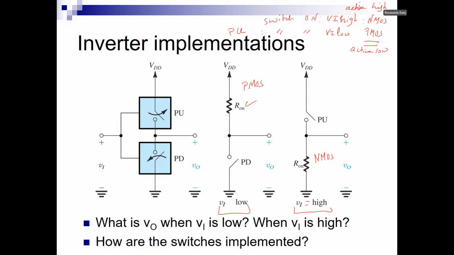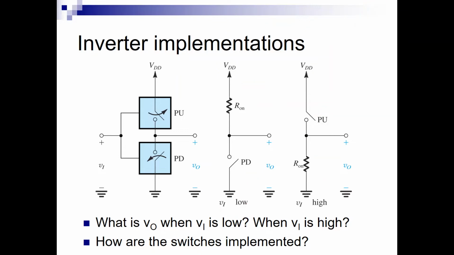Okay, so this one is off here and this one is on, and now this one is on and this one is off. Great, so now we know the implementations. A PMOS and an NMOS implementation will allow me to have a VOH equal to VDD and a VOL equal to 0, which is the ideal characteristic that I am going after.